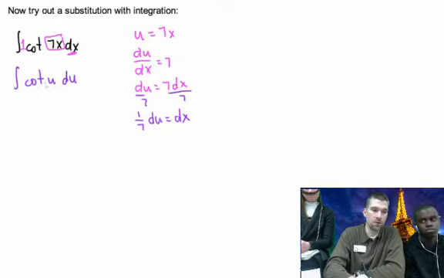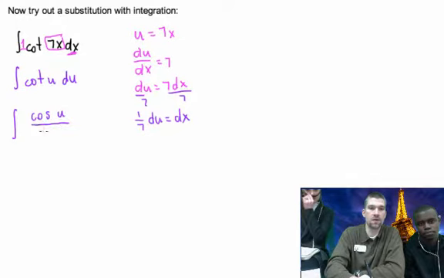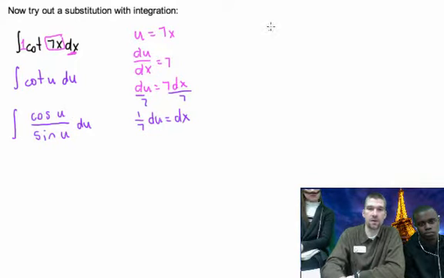But with cotangent, we don't have a specific antiderivative of this. So we're going to have to sort this out, and we're going to do another substitution. But first, let's break it up into cosine u over sine u du. I know this is going to be a killer, but we're going to use w.